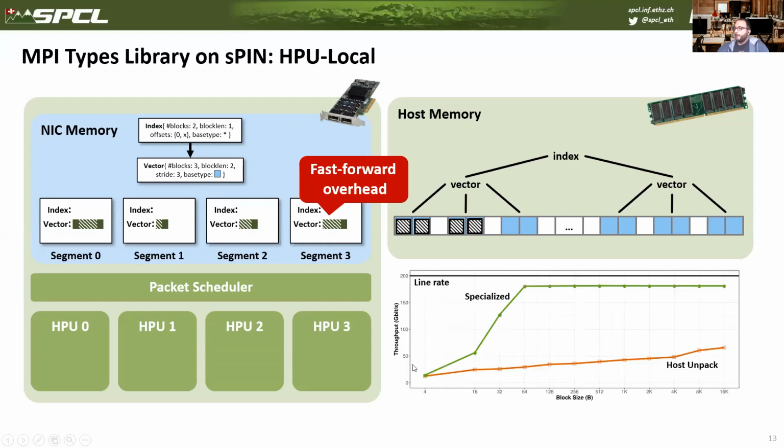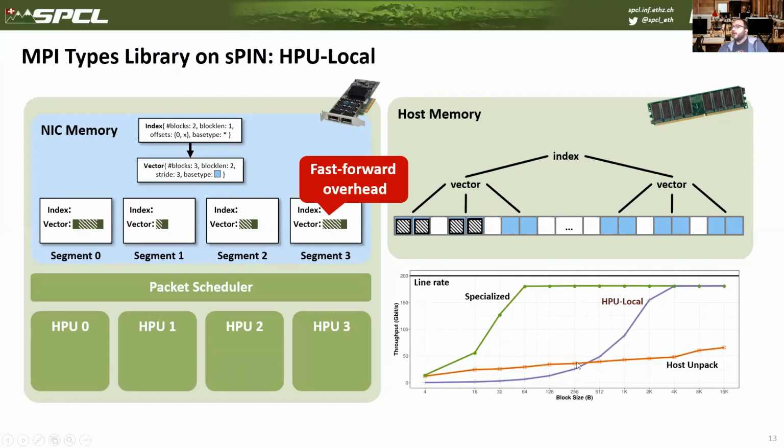But this is a bit problematic in terms of performance. In fact, if we plot the throughput reached by this solution, we have something like this. For large block sizes, this is fine. It actually approaches specialized. This is because for larger block sizes, as we discussed before, the data type is simpler. So this means that the fast forwarding overhead will also be smaller, because it will be easier to catch up, you have fewer contiguous regions.